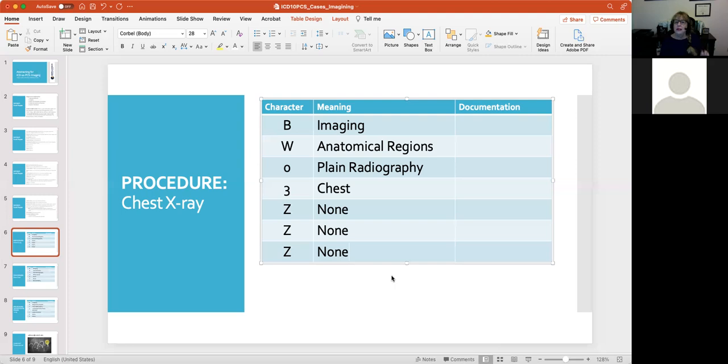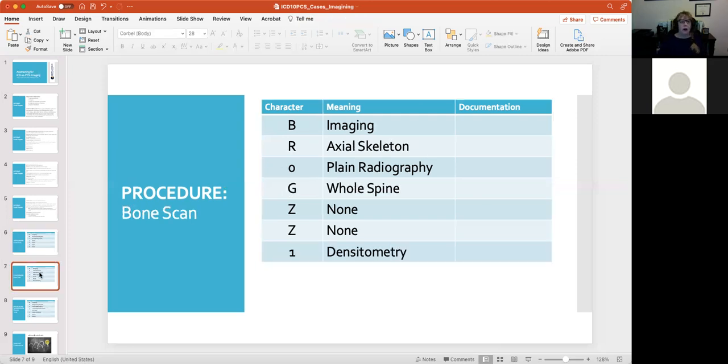So even though the ZZZ doesn't report anything, that's why we call it a placeholder, you still have to report it. Okay? All right, any questions about coming up with this code for the chest X-ray? No. Great. Okay.